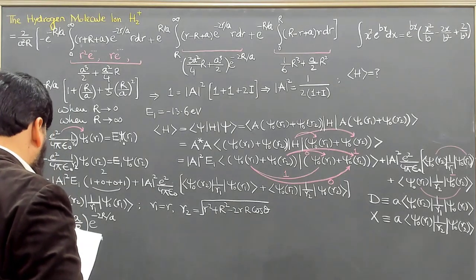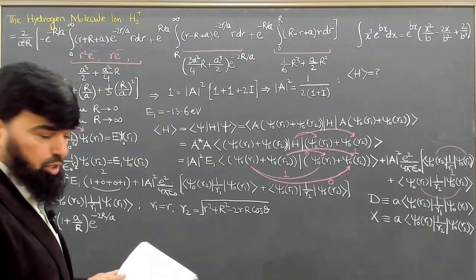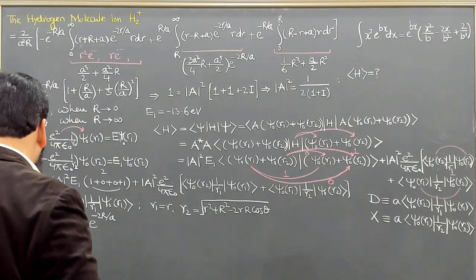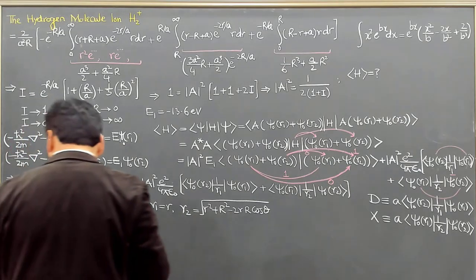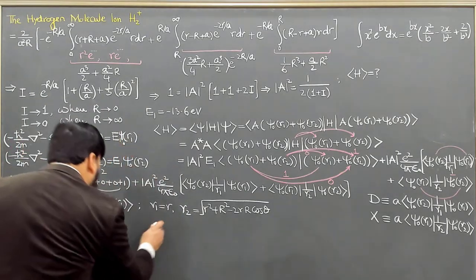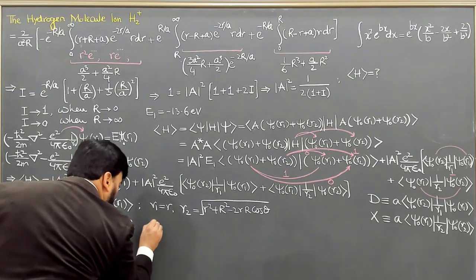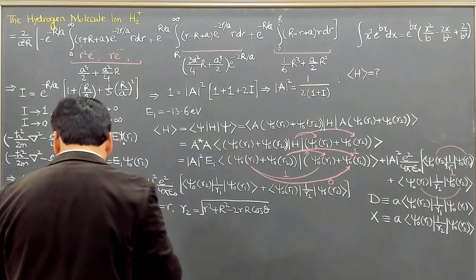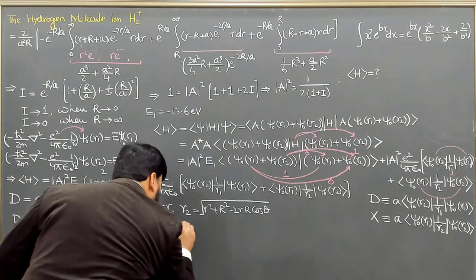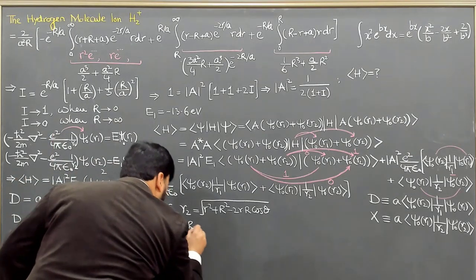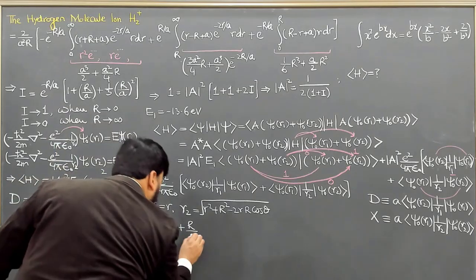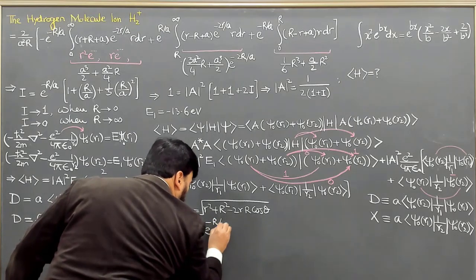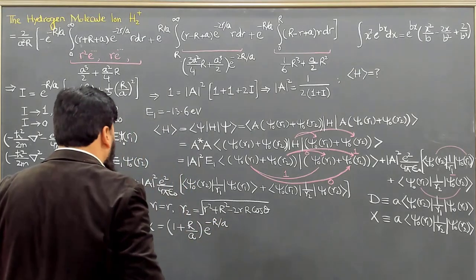It is almost a two-page calculation, and we will come to know that the value of x comes out to be 1 plus r over a, and e to the power minus r over a.